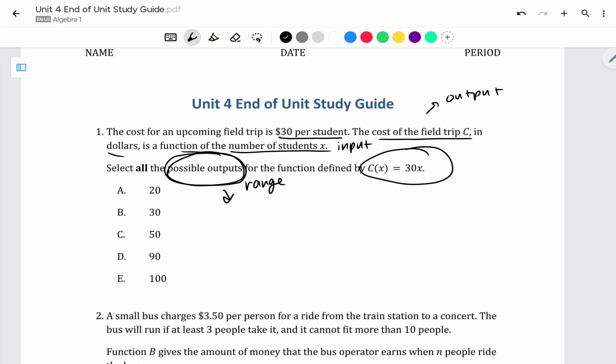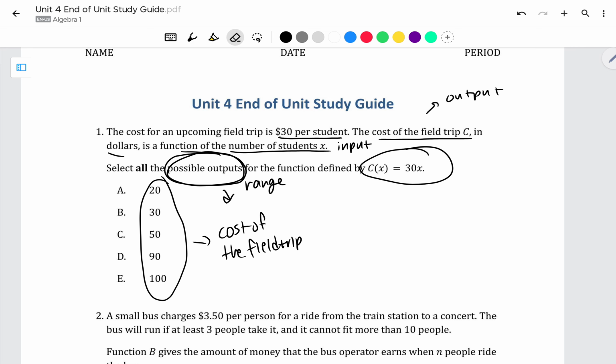Why? Depending on the number of students, the cost of the field trip would change because the field trip costs $30 per student. So they're asking us, what are all of the possible outputs here? These are all how much the field trip costs, depending on how many students went.